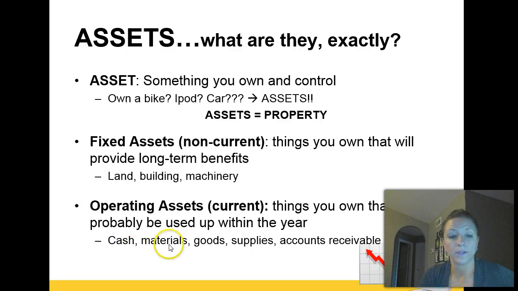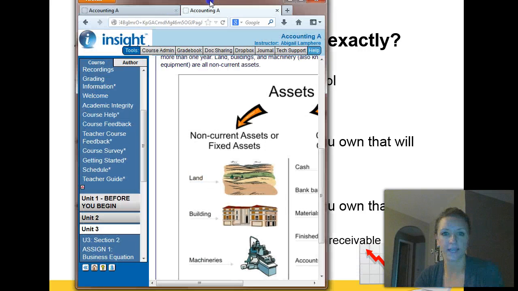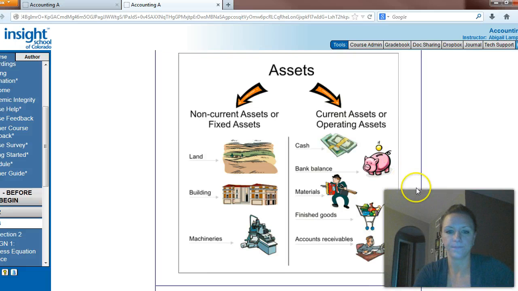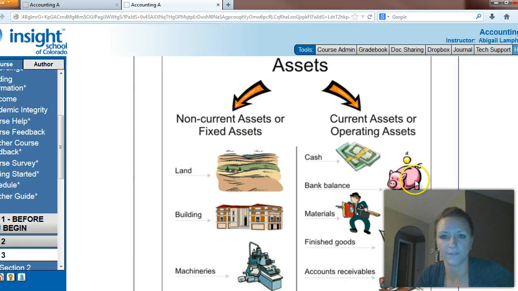Then there are operating assets, also known as current assets. These are things that you own that will probably be used up within the year, so maybe some cash, different materials, goods, supplies, accounts receivable. Just to show you this image that's in your text, because I thought it was a good visual.